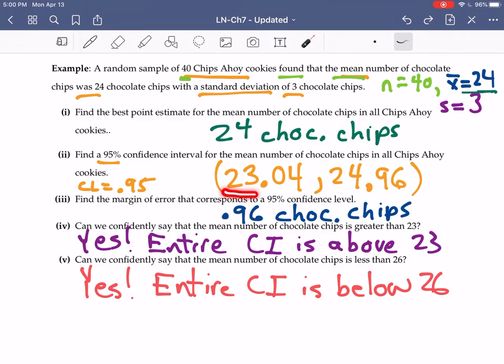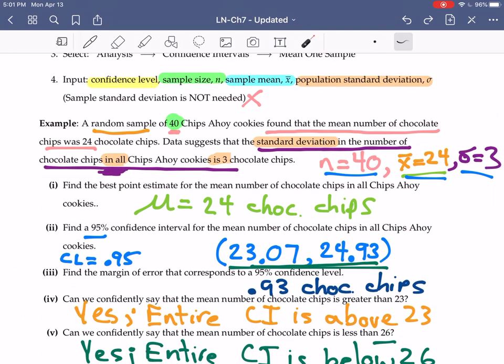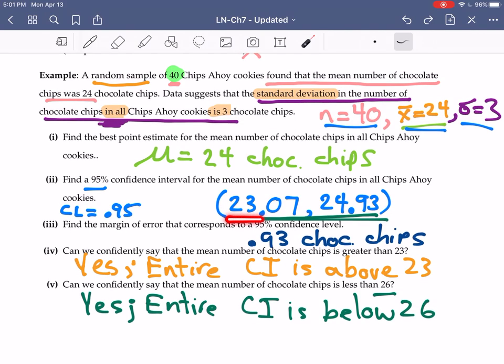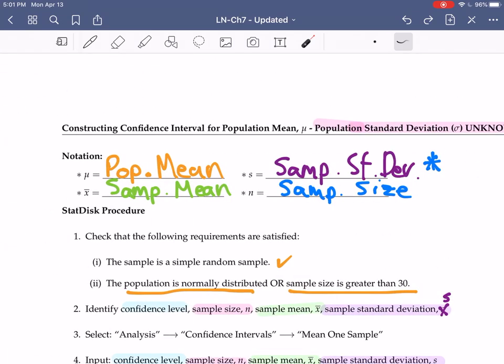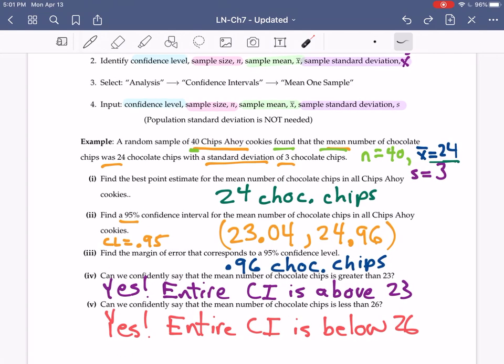Our confidence interval, 23.04 to 24.96, was subtly different. In the last one we had 23.07 and 24.93. There are really subtle changes, but there are changes that have an impact.